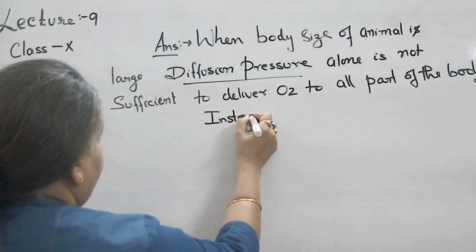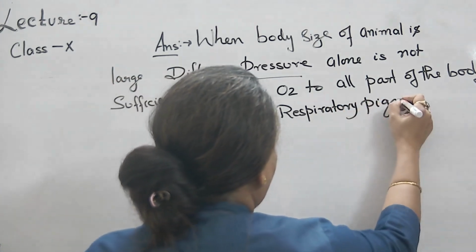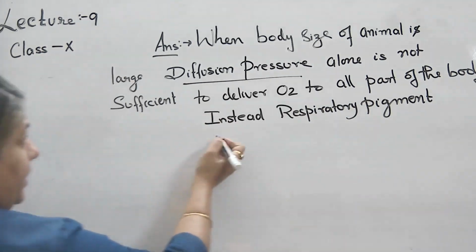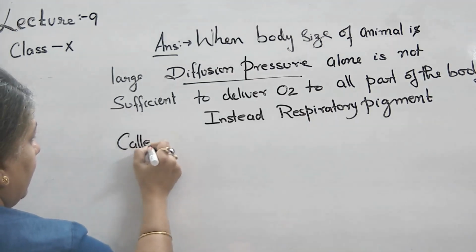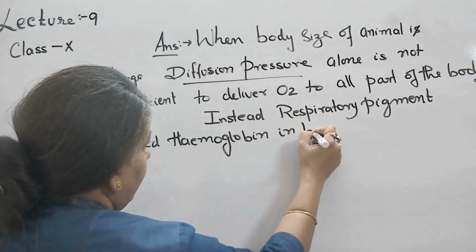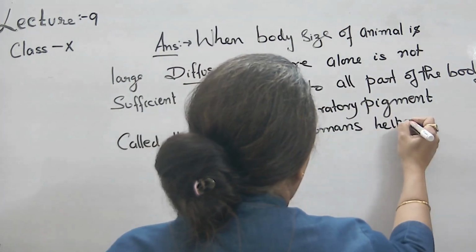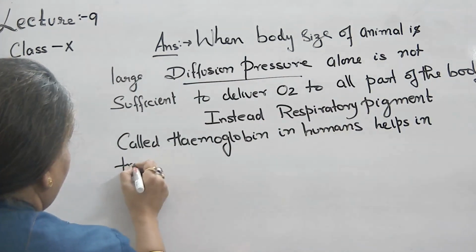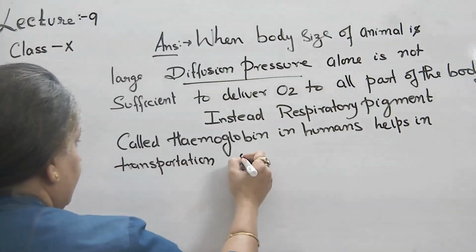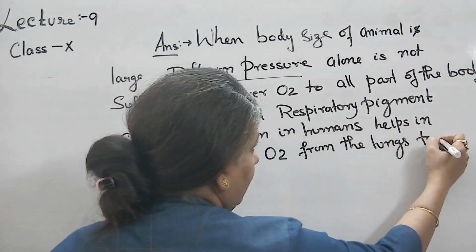Instead, respiratory pigment called hemoglobin in humans helps in transportation of oxygen from the lungs to the tissues.